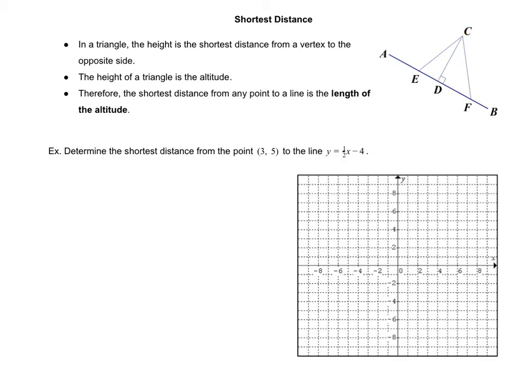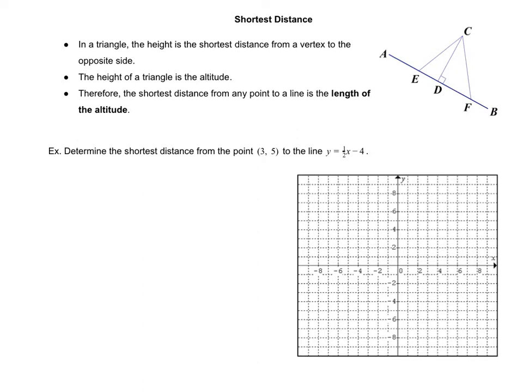If I were to draw a random line that isn't the height, so let's say this line here or this line here, you can clearly see that those lines are larger just by thinking about a right triangle. In this right triangle, because the right angle is right here, this would be the hypotenuse, and the hypotenuse is the largest side.